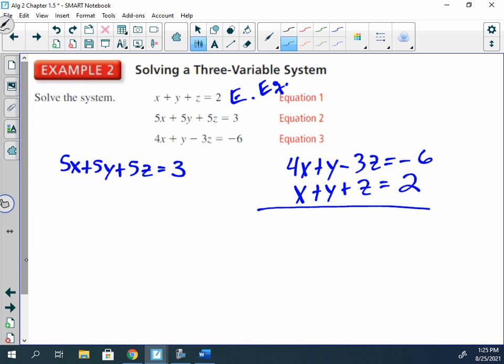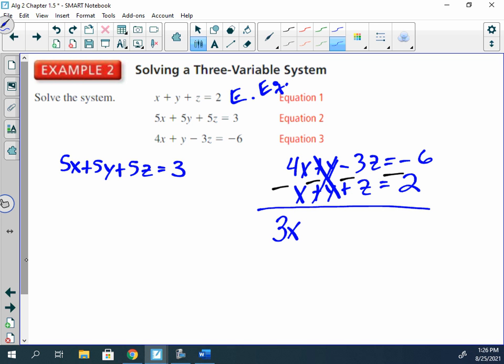So we have positive y and positive y for both of these here, so would we add or subtract? Subtract since the signs are the same. 4x minus x. 4 minus 1 is 3x. Y minus y is 0, like we wanted.